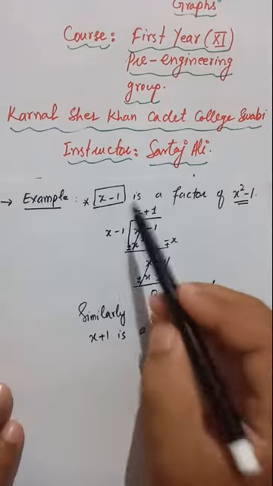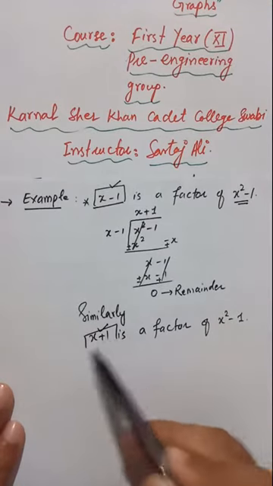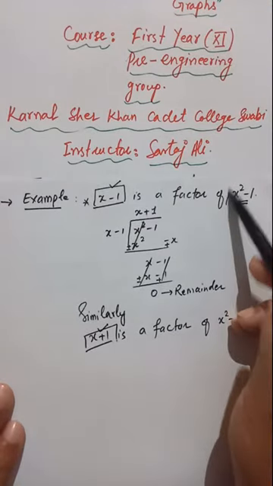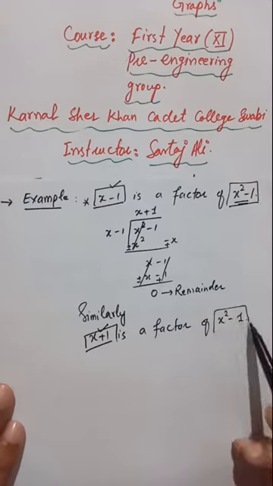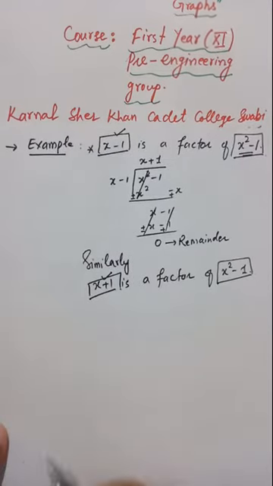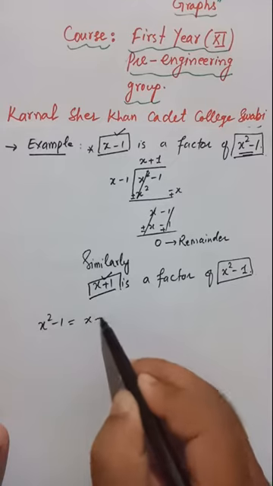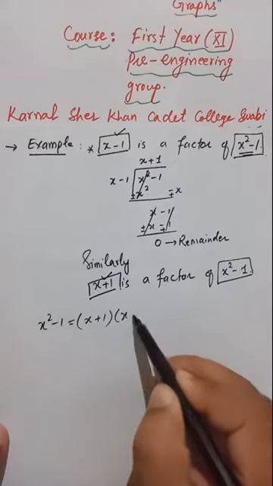But remember, this x minus 1 and this x plus 1 are the linear factors of this quadratic expression. You see, this is a quadratic expression, so remember, quadratic expressions can be expressed as a product of two linear factors. In this case, you clearly know that x square minus 1 is equal to x plus 1 and x minus 1.